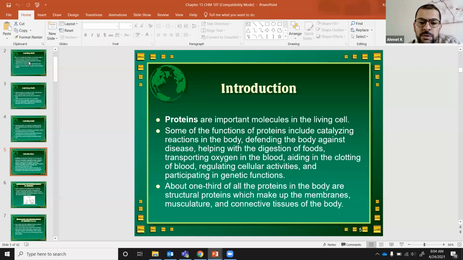They have very crucial roles, from transporting oxygen in the blood to aiding in the clotting of the blood, regulating cellular activities, and you name it. They are involved in almost all the things that we are doing in our bodies.